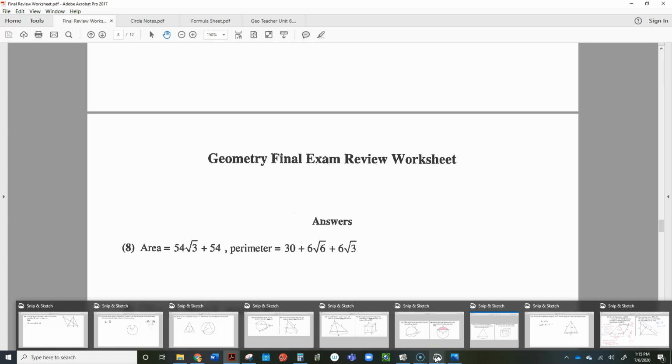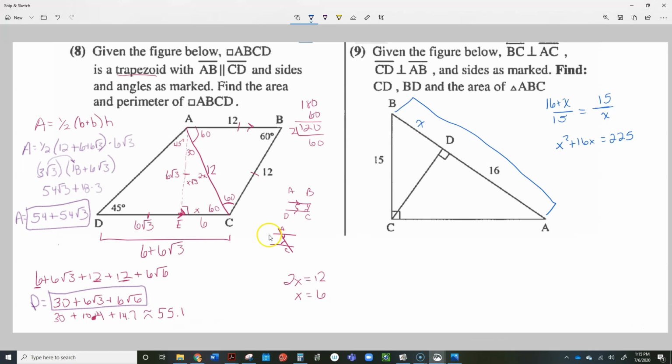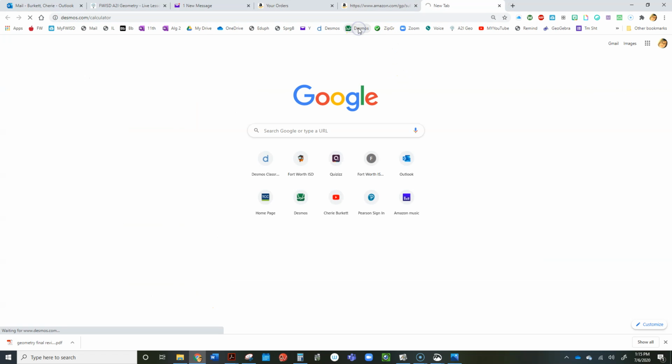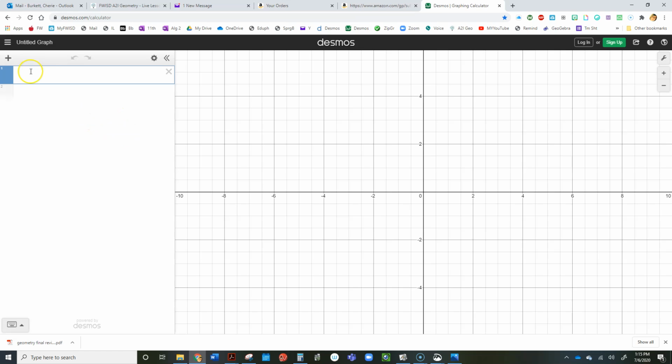If you were doing this on the test, you could also take this problem and graph it and see if it crosses the x-axis. Well, let's just do that right now. I'll go over here and grab a screen on the Desmos calculator, just to see if this will factor or not.